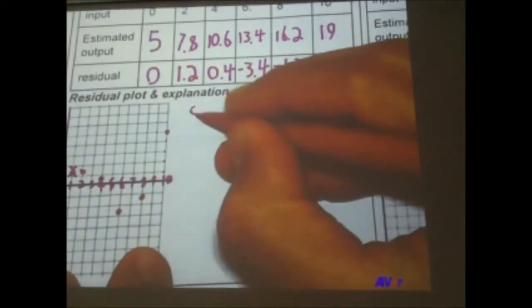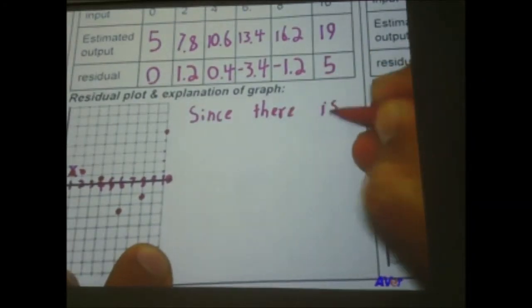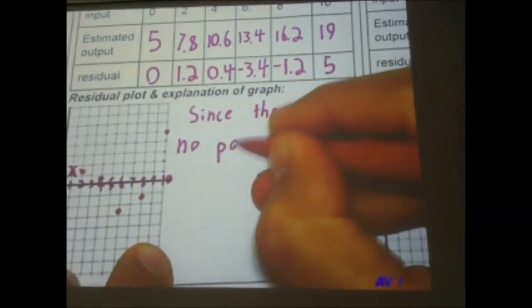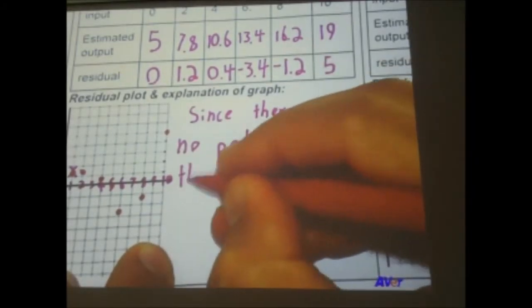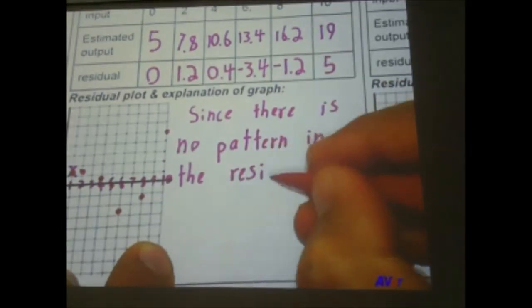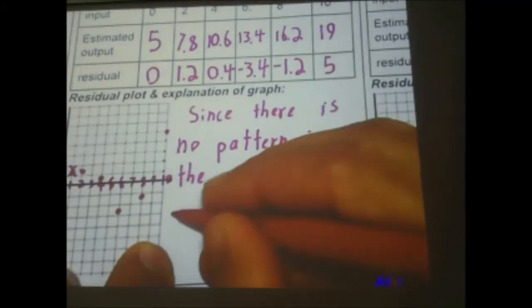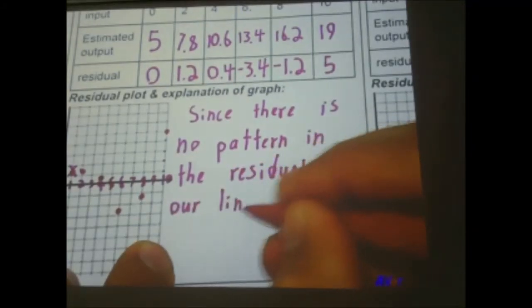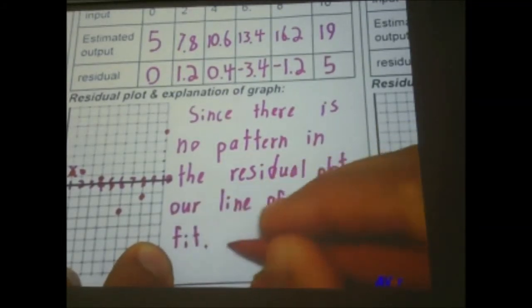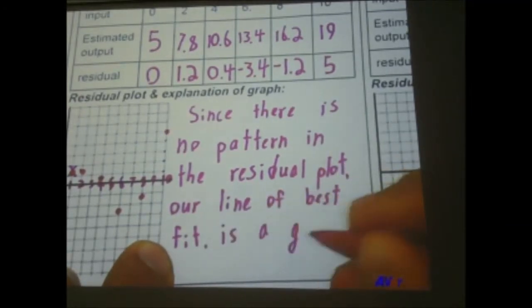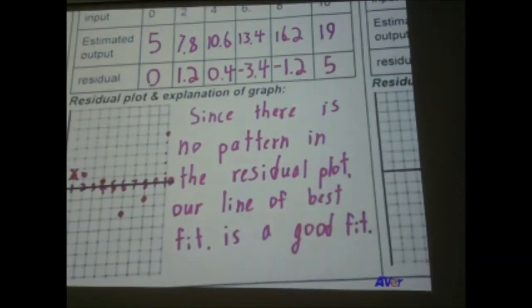So we can write, since there is no pattern in the residual plot, our line of best fit is a good fit. And that's what we do for the first part.